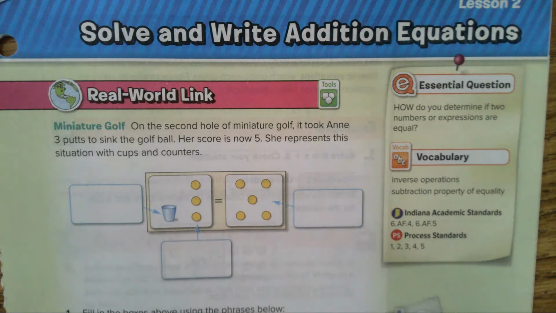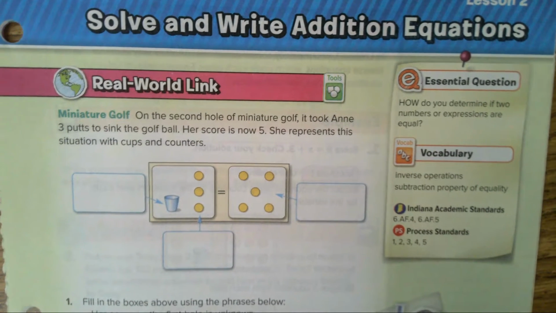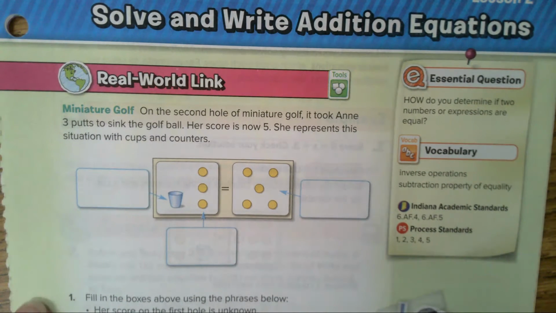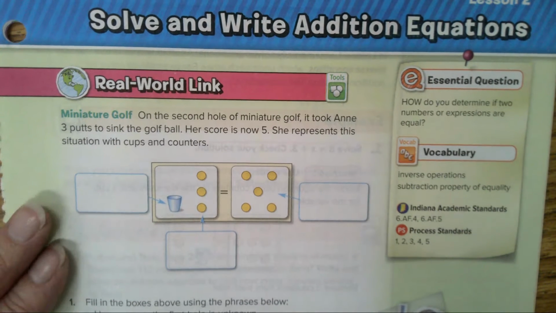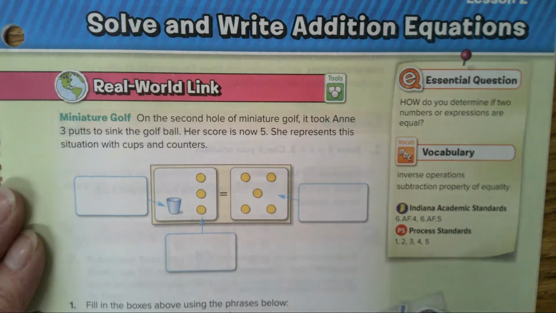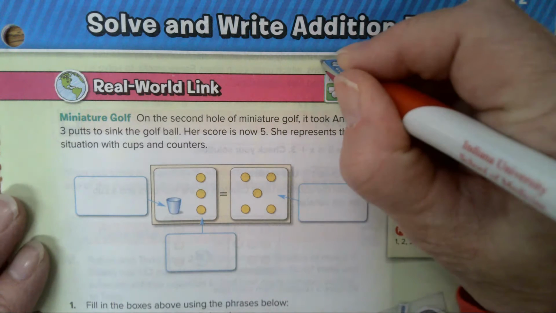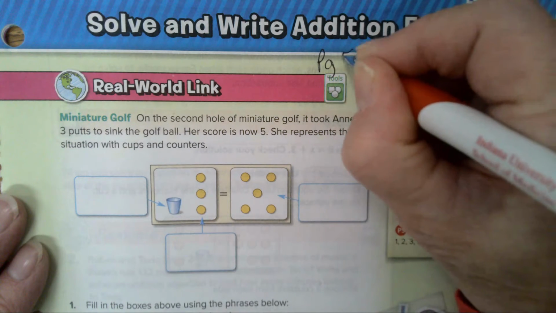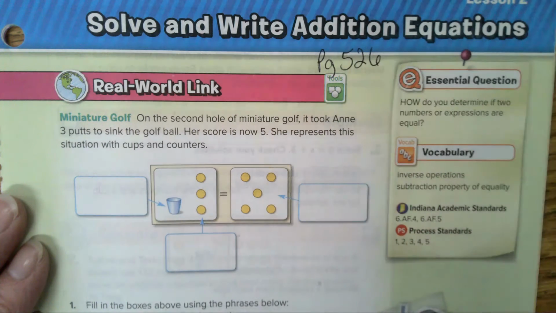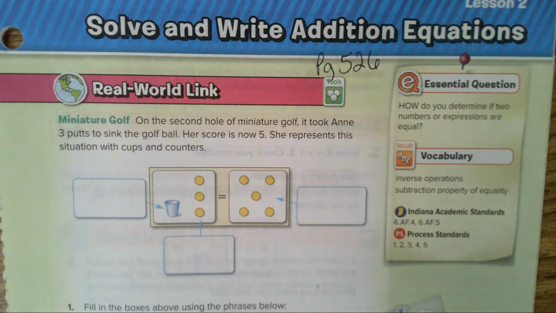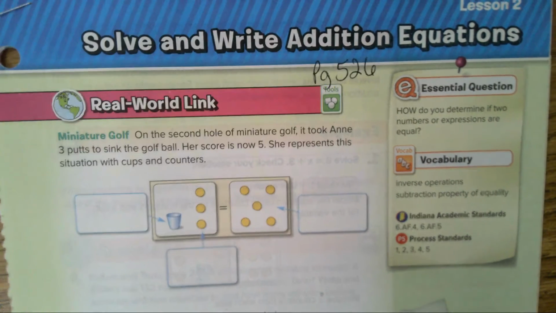Her score on the first, I look at this, I think we're going to skip this and we'll talk about word problems towards the end. Let's just move on to page 526. So we're going to just practice the technique of doing an addition equation. 526.